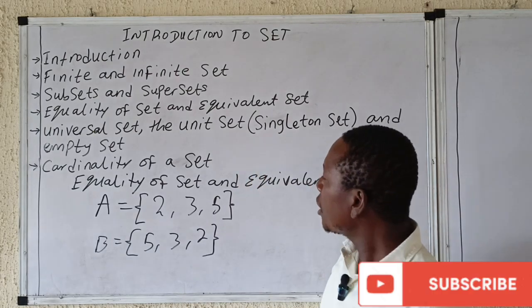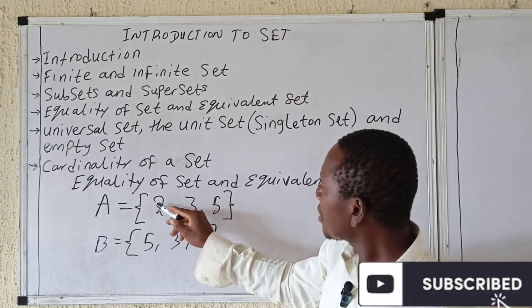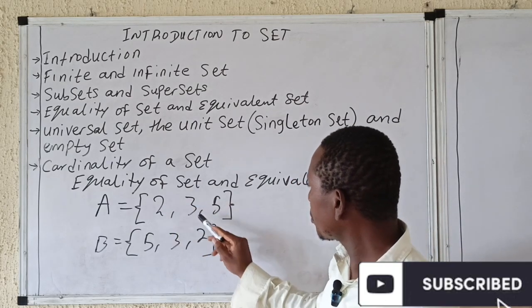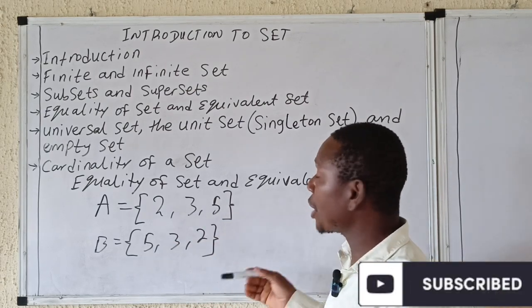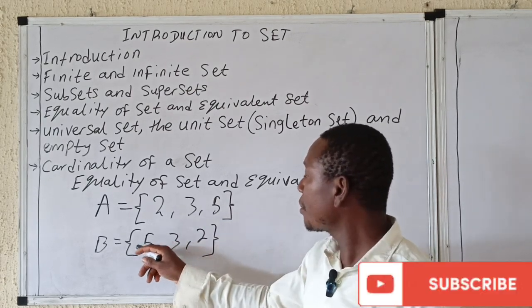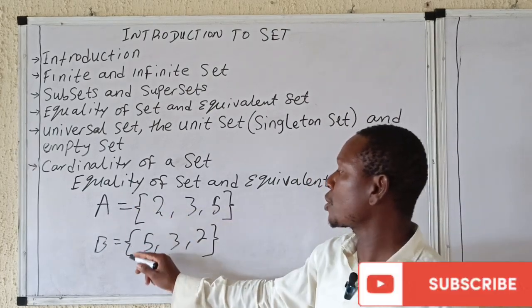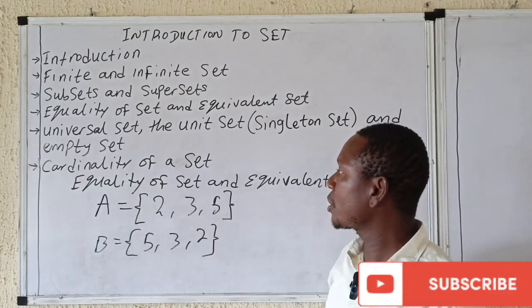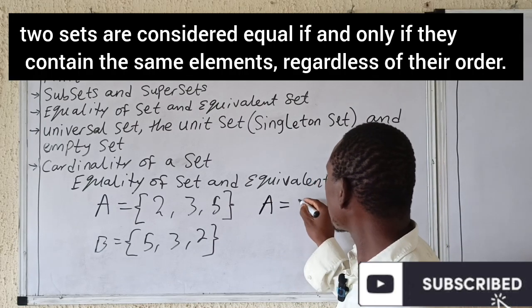Now, if you notice, you realize that the members of set A, 2, 3, and 5, irrespective of the order in which they are arranged, are the same as the members of what? Set B. So set A is said to be equal to set what?